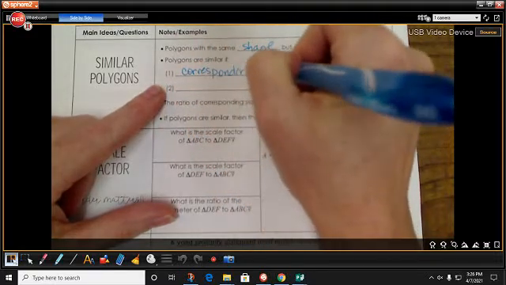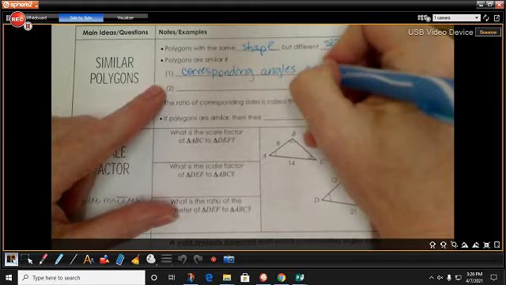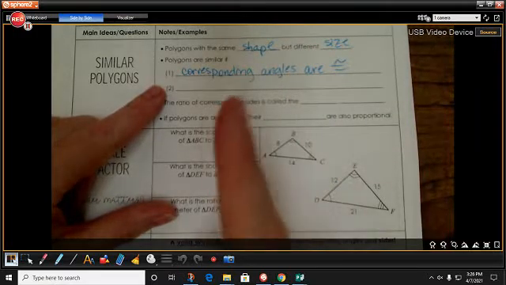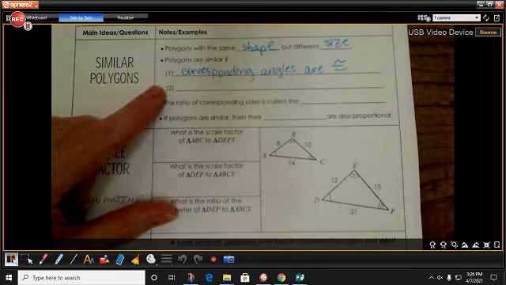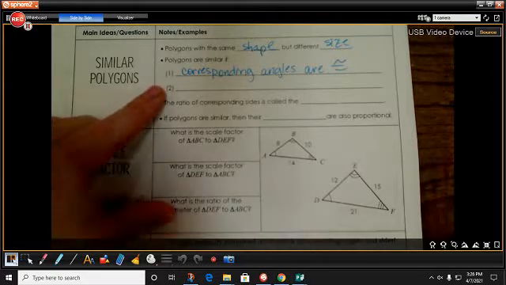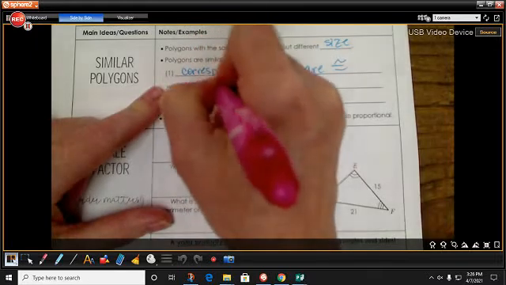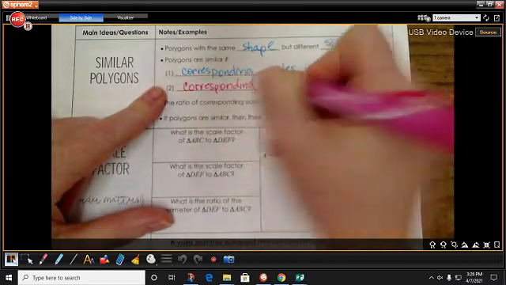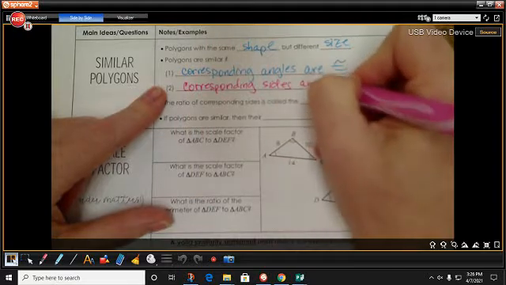And so if all the angles that are corresponding are congruent to each other, that's my first sign that I have similar polygons. But wait, I also need a second thing to be true. I also need the corresponding sides to be proportional.